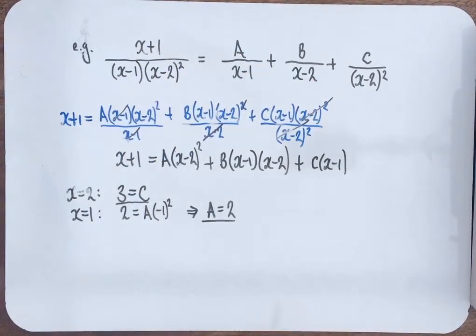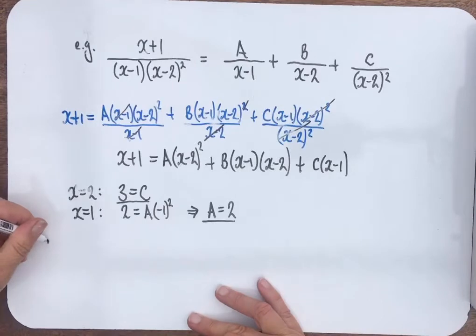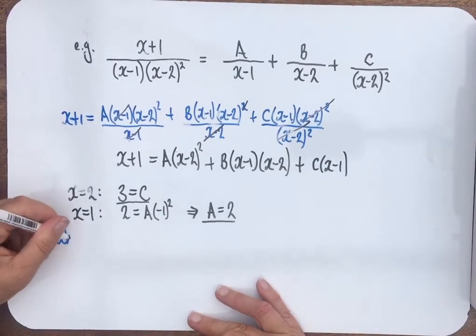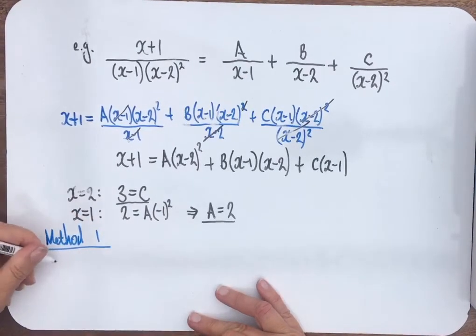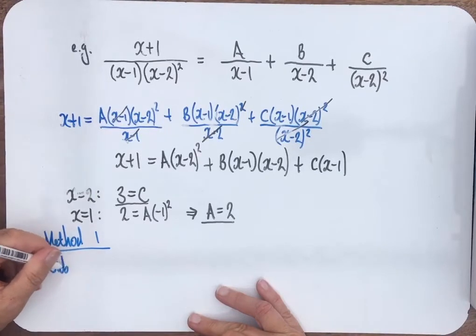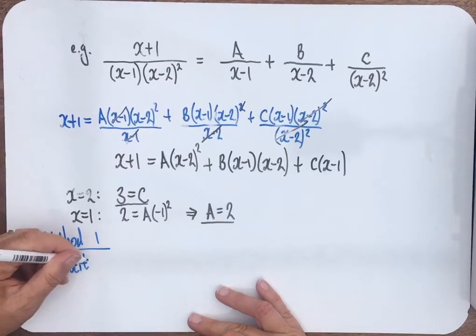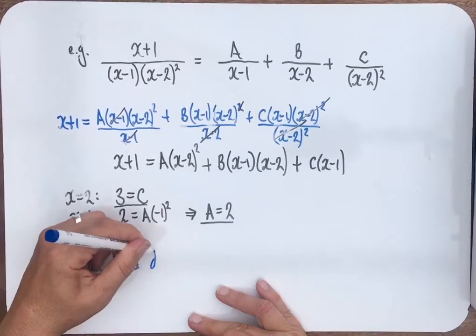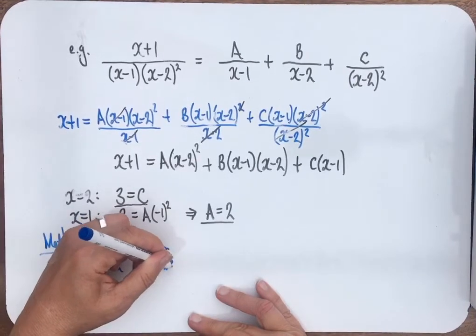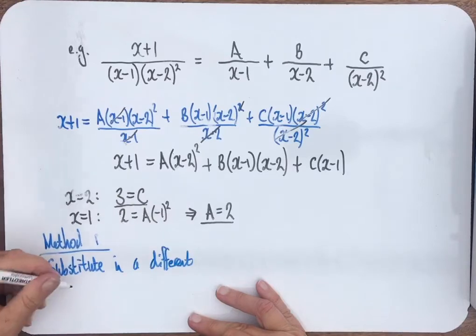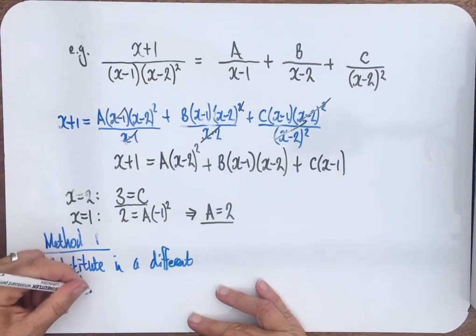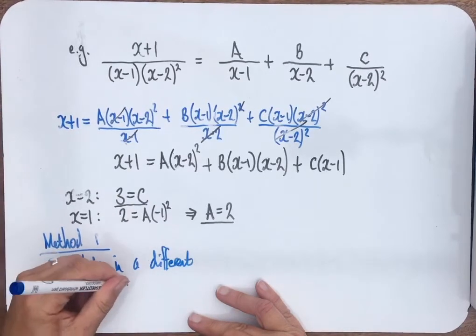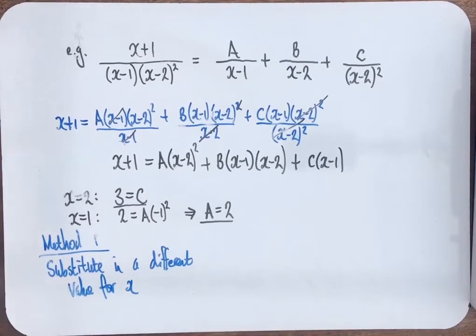Right, method 1 to find b is just substituting another value for x. So I've used 1 and I've used 2.